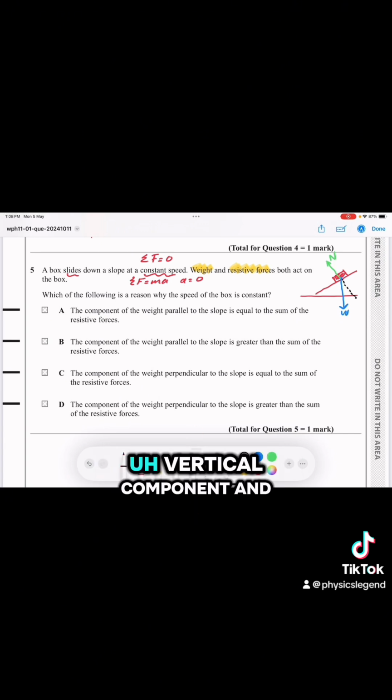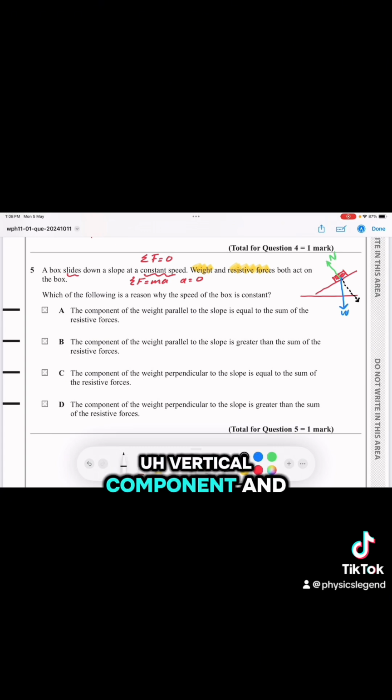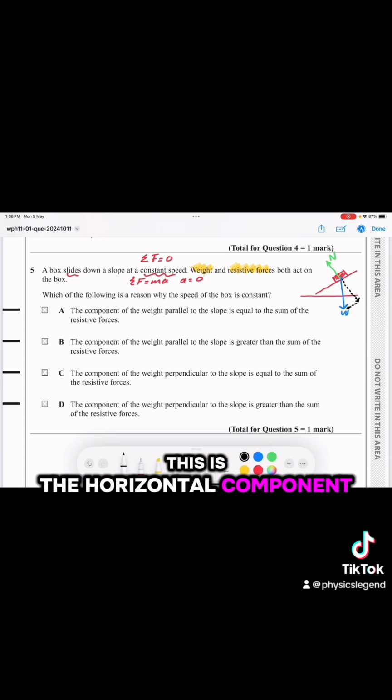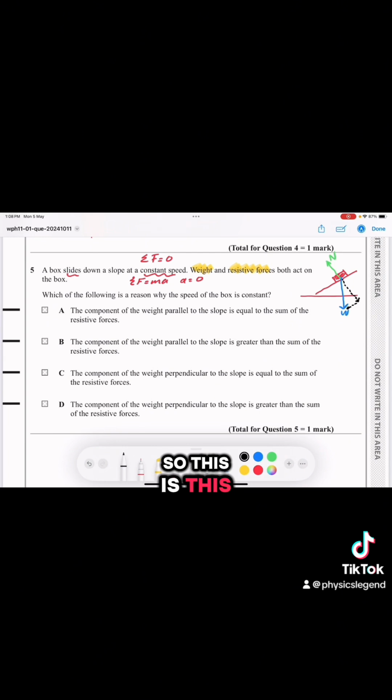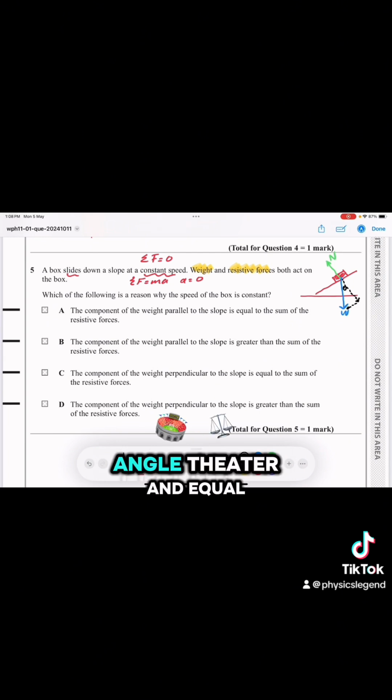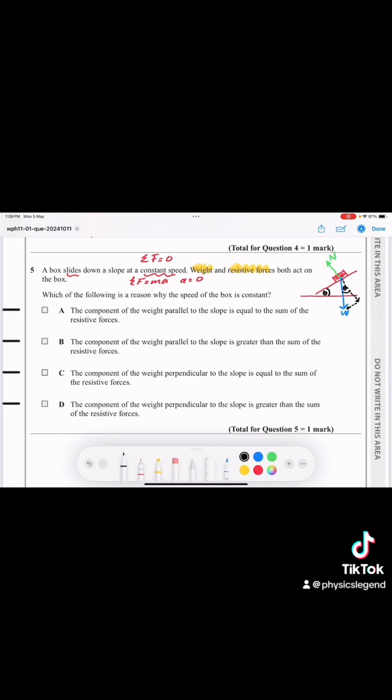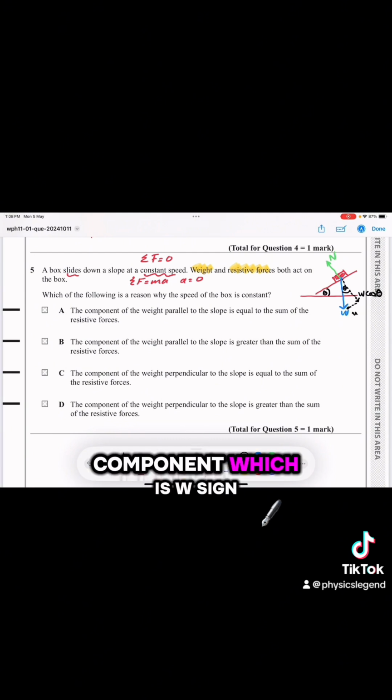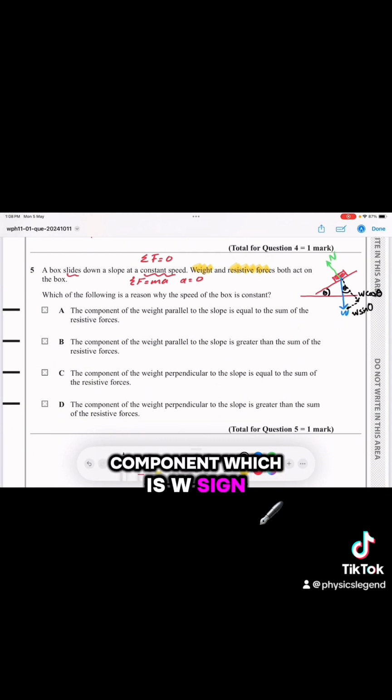Here we have a vertical component and this is the horizontal component. Here we have a small angle theta, equal to this angle as well. This component we call W cosine theta, and this component is W sine theta.